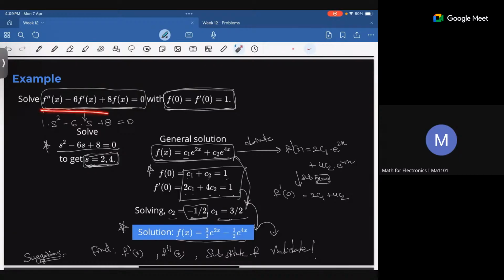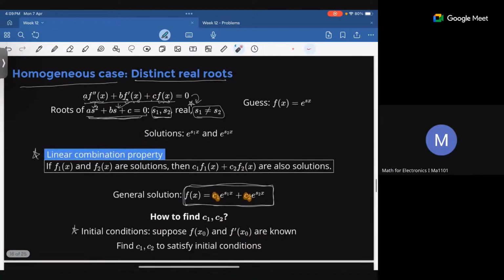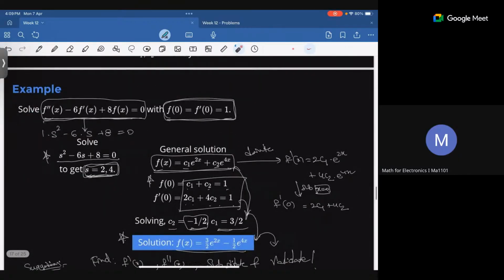So from this given second order differential equation, we constructed the auxiliary equation. So that is what it is. This is a quadratic. Right. So after getting this quadratic equation, we solved it and got two distinct real roots, 2 and 4.